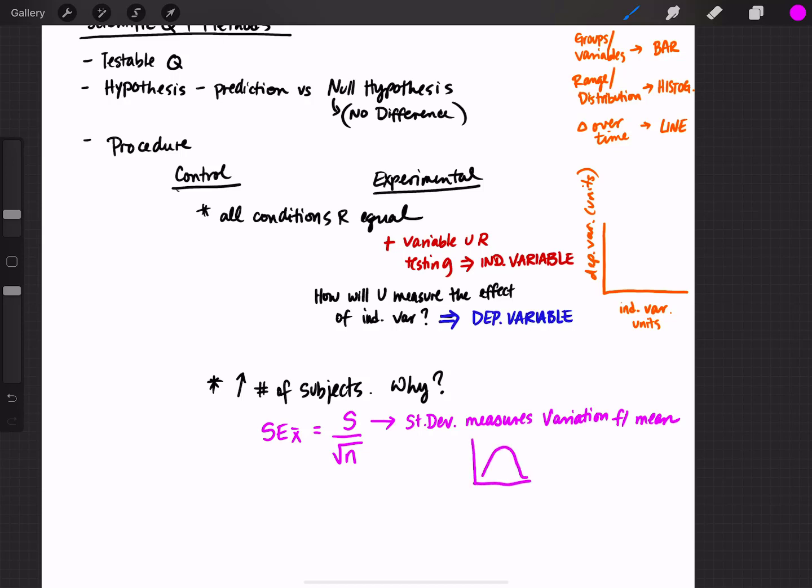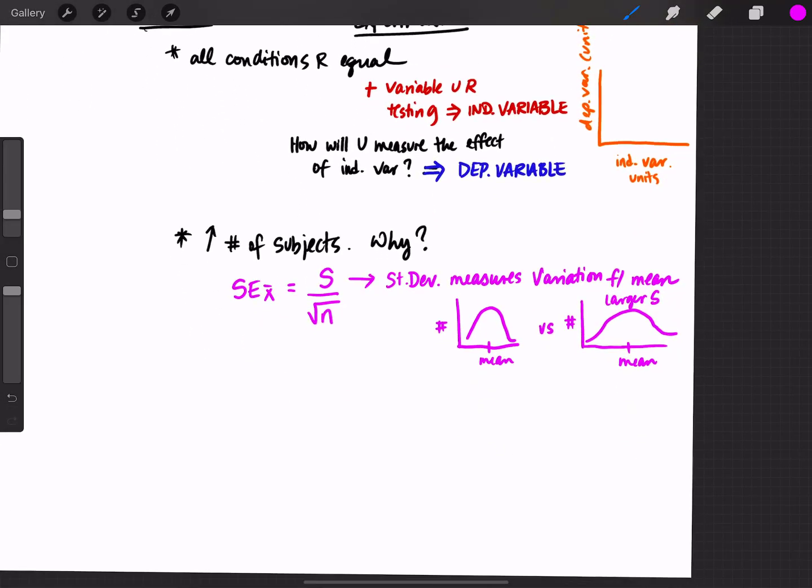So let's say you just took a test and this is the mean. These are the number of students that receive different scores. And then there's another test with a mean, but a broader curve. So remember, the wider the curve, the larger the standard deviation, the greater the variation around the mean. The smaller the standard deviation, the less variation.